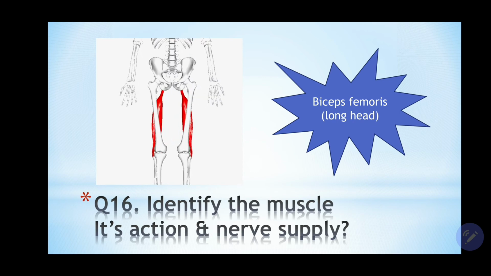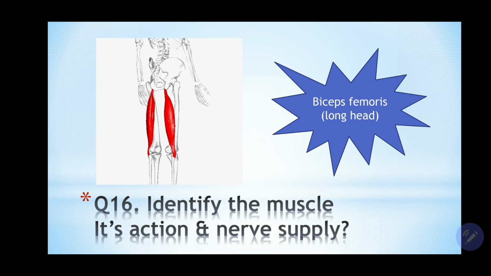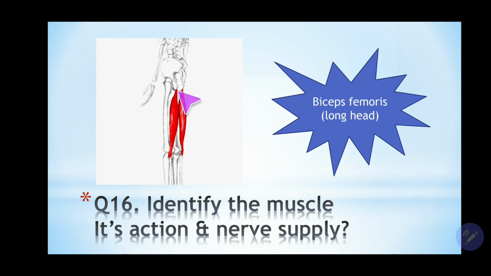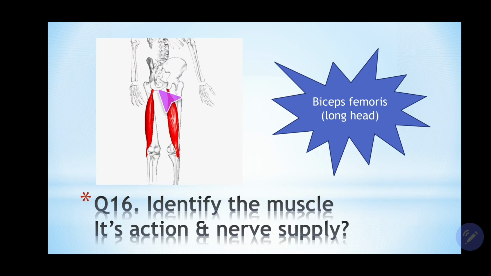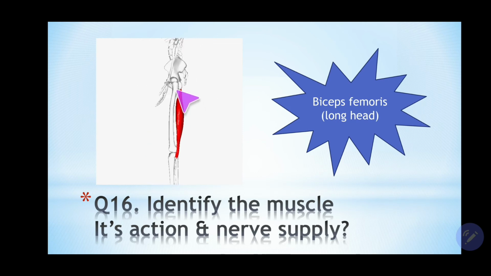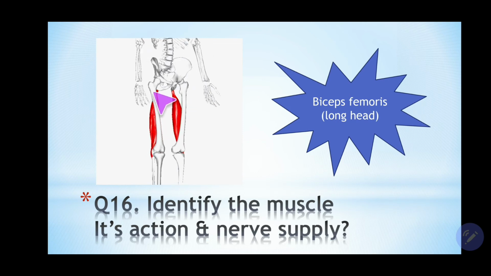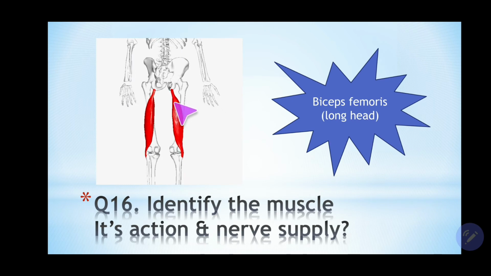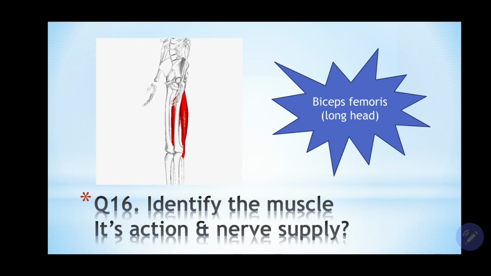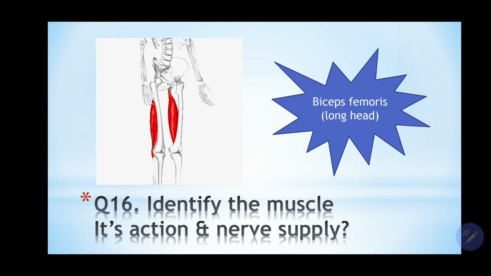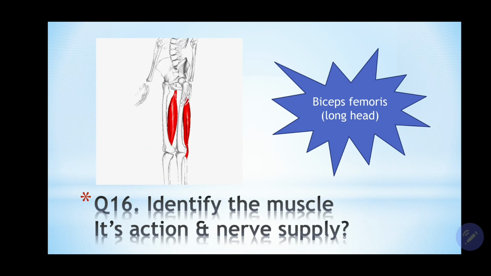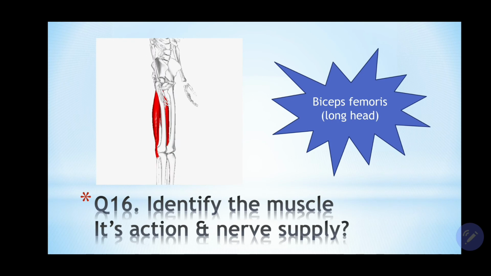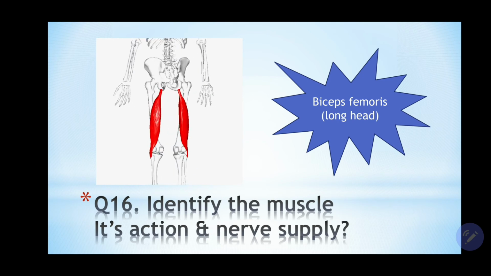So you can see it fulfills the criteria that it takes origin from the ischial tuberosity, from the upper and inner portion, and this muscle has a downwards and lateral course. Remember, if it's asked, there's only this muscle which is placed obliquely in the back of thigh, and that is biceps femoris long head. It runs downwards and laterally.